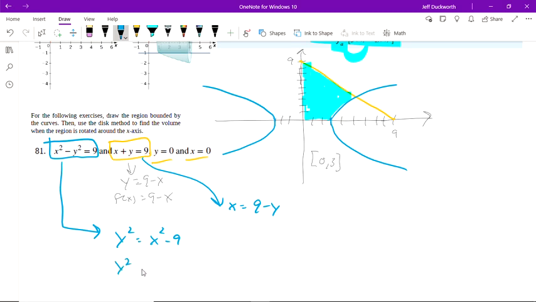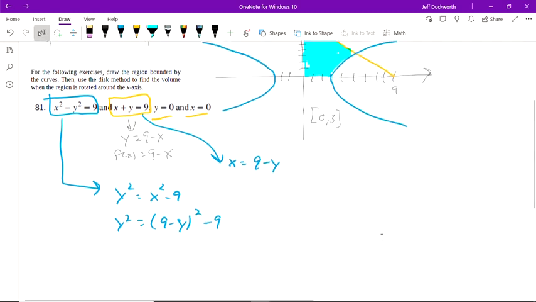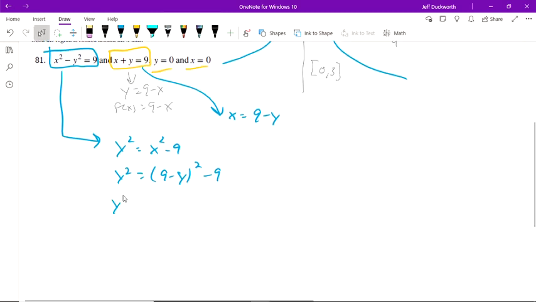So y squared is equal to (9 minus y) squared minus 9, which means this is 81 minus 18y plus y squared when we FOIL that bit, and then we have the negative 9 left over. The y squareds are going to cancel. So I'm left with 0 equaling 72 minus 18y.